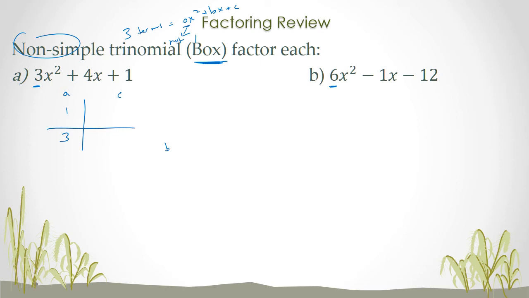And made this one really easy for you guys. The only 2 numbers that multiply to c, which in this case is 1, right? This is a, b, and c. The only 2 numbers that multiply to 1 are 1 and 1. And if you multiply across, 1 times 1 is 1. 3 times 1 is 3. I got to get 4, right? Because b is 4, and 1 plus 3 is 4.